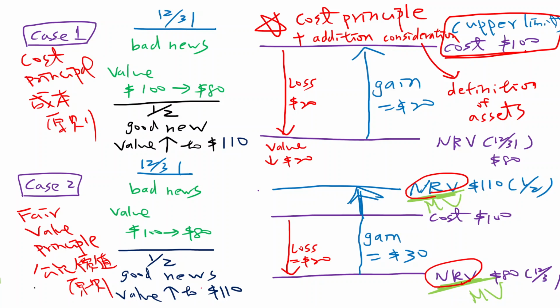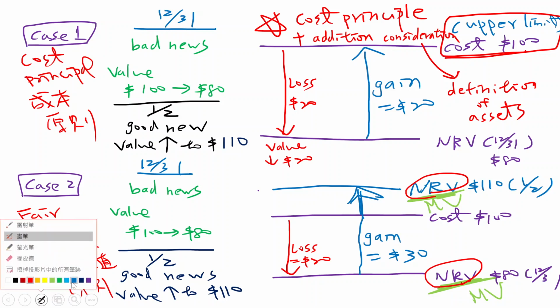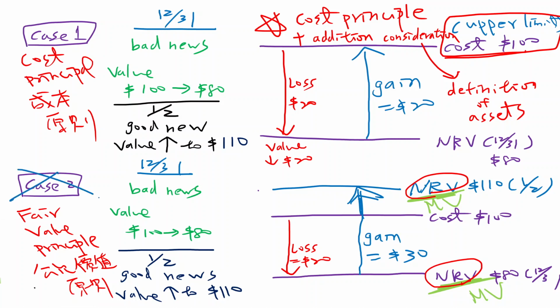So that's the reason you cannot use case 2. You can use only case 1 because we use the cost principle. So don't forget, we have the upper limit. 上限 is your cost. Okay, any questions?